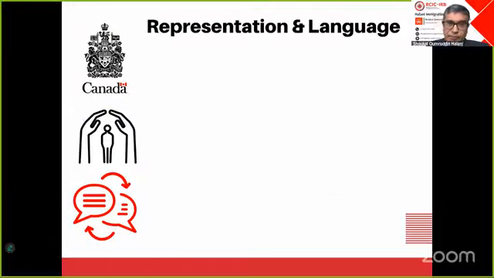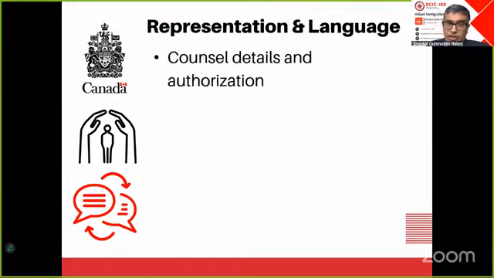Representation and language, counsel detail and authorization. This is very important: you should take the help of any expert, just like a lawyer or RCIC, that is a regulated Canadian immigration consultant.